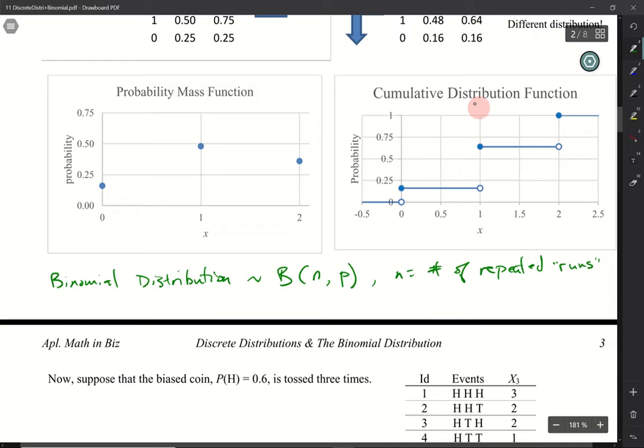And P is equal to the probability of what's generally called success. And then, of course, sometimes people say Q equals 1 minus P is the probability of failure, where success could be heads and failure could be tails, or the other way around, or whatever you're interested in.